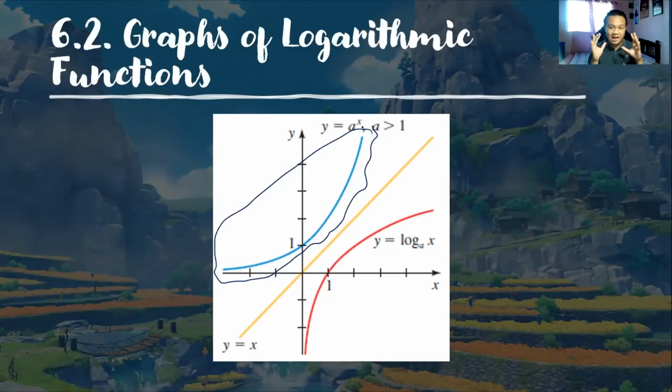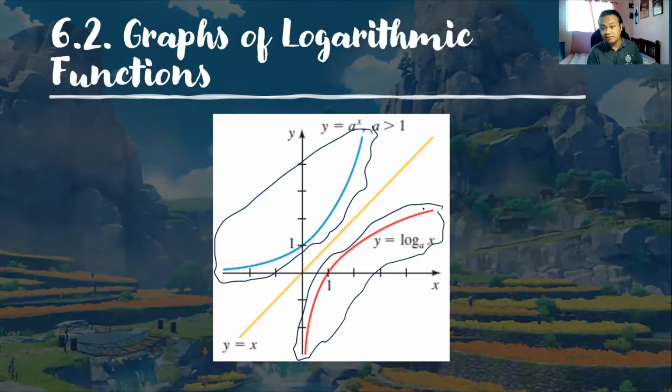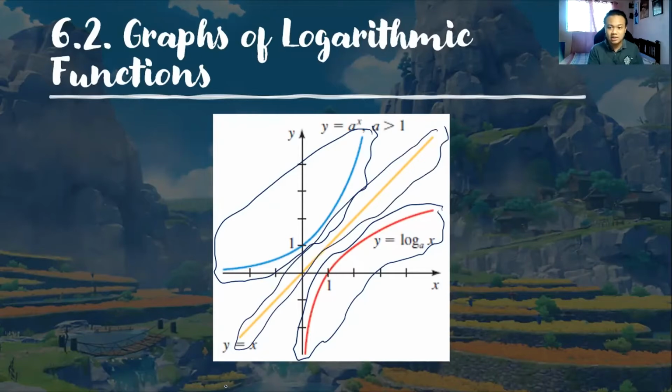So I expect in the graphing part that your answers look like this, because the logarithmic functions are the inverses of exponential functions and vice versa. And this represents the mirror, which is the 45-degree line, y equals x.